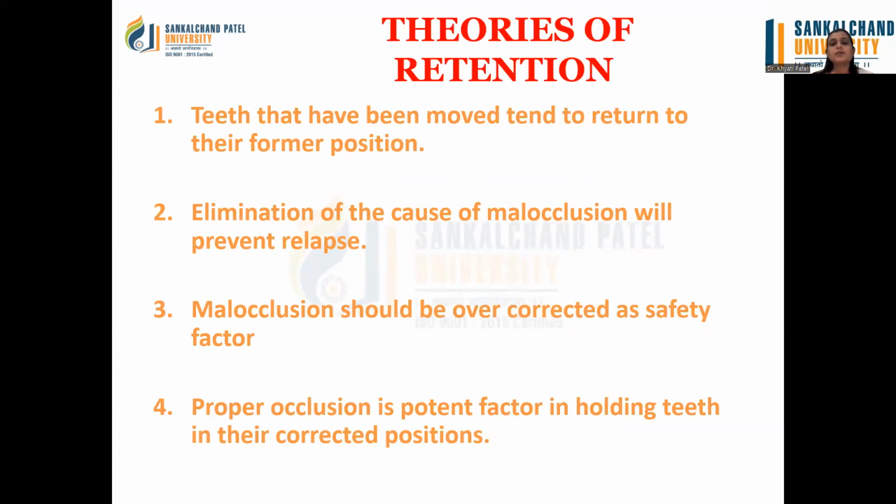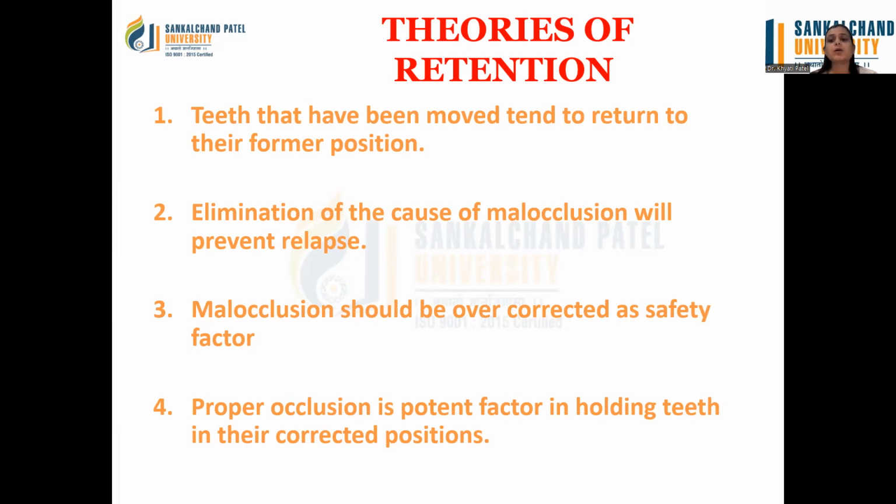Now, there are different theories of retention. The first theory is that teeth that have been moved tend to return to their former position. It is already discussed. Elimination of the cause of the malocclusion will prevent relapse. If you eliminate the cause, there are more chances of preventing relapse.